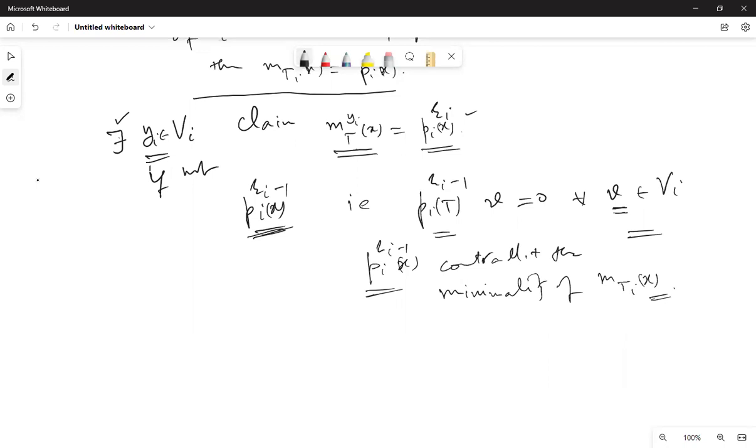If you make the degree of this polynomial less, it is the only possibility, because pi(x) is irreducible; it must be pi(x) raised to the power something. So this would contradict the minimality of m_{Ti}(x), and hence there exists at least one yi for which the annihilator of that yi would be exactly pi(x) raised to the power ri.